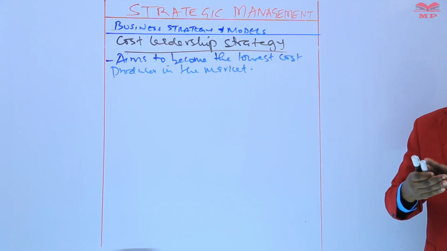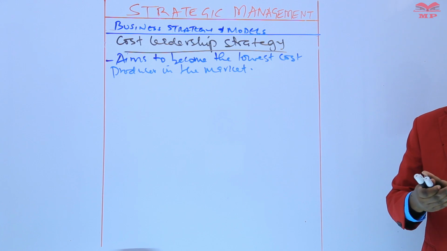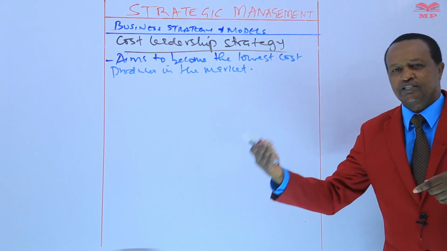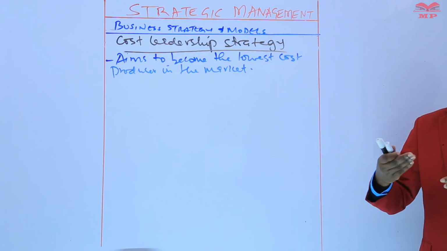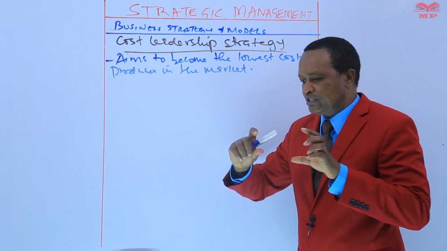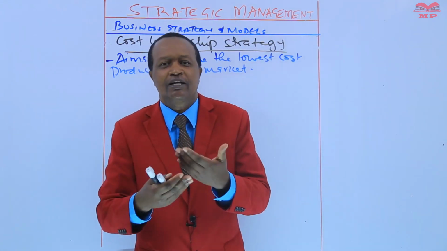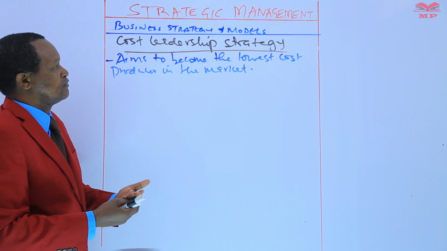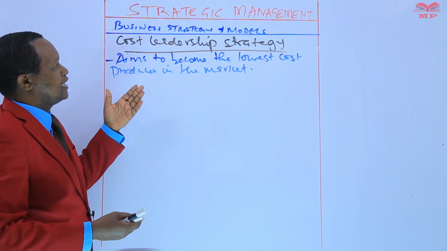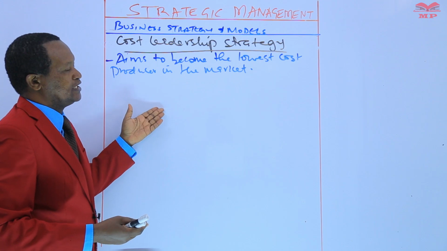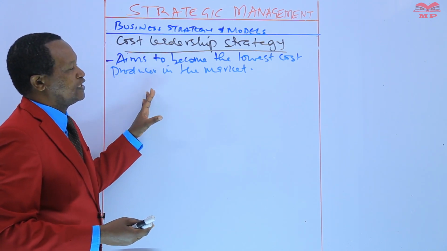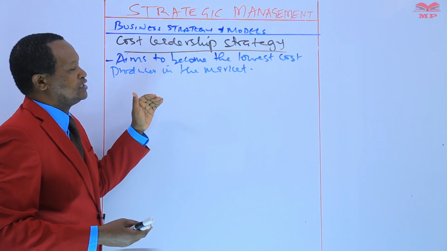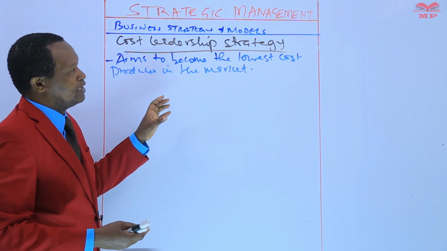This strategy allows a company to gain a competitive edge by either offering products or services at lower prices than competitors or maintaining a higher profit margin while charging similar prices. Do you understand? Becoming a cost leader does not necessarily mean offering products at the cheapest prices.